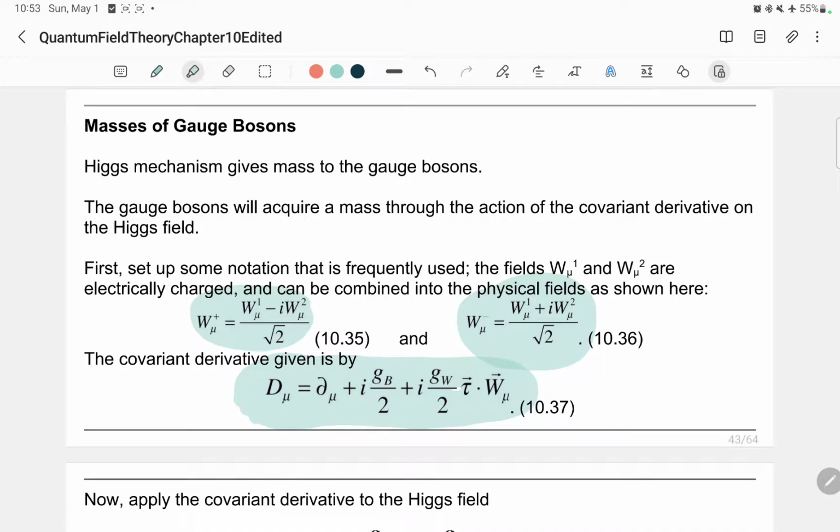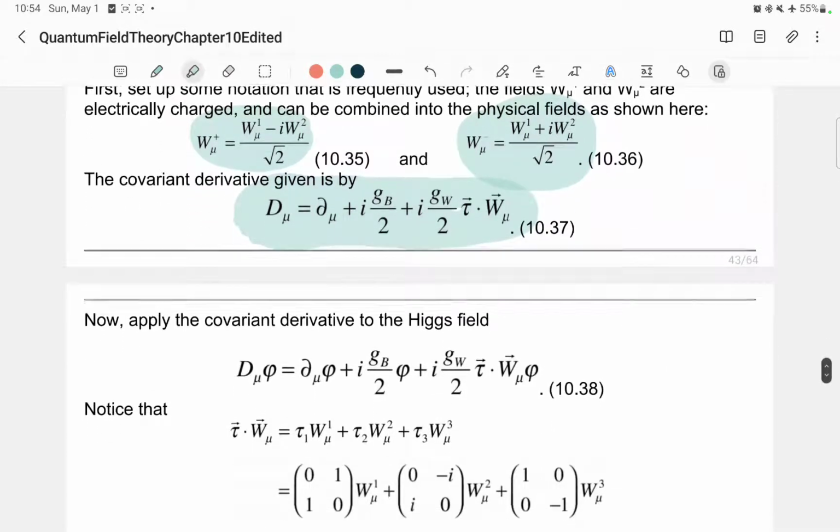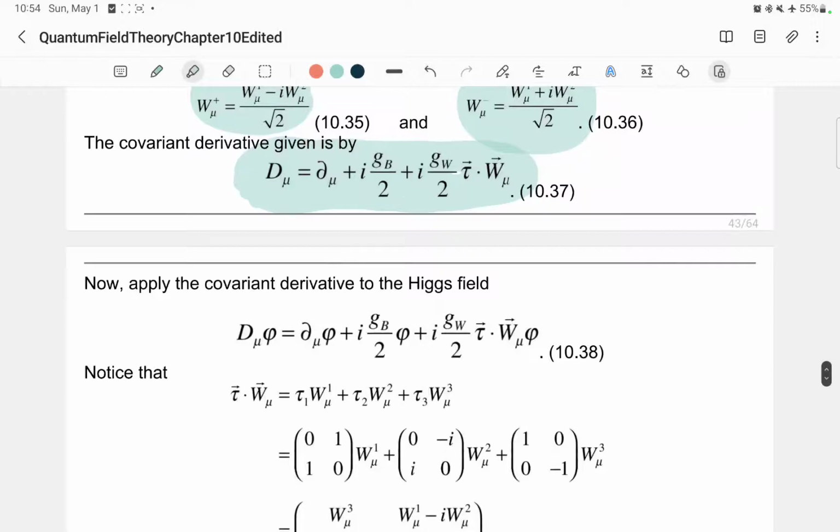The second term is associated with the U1 symmetry, and the third term in the derivative is associated with the SU2 symmetry. And then now we apply this derivative to the Higgs field. So we have here d mu phi to be given by this.